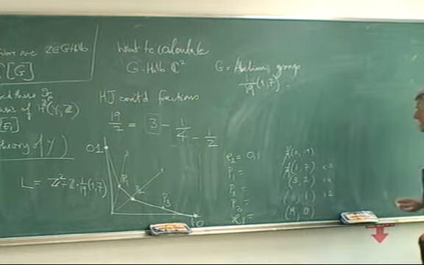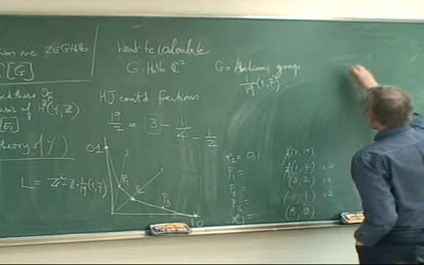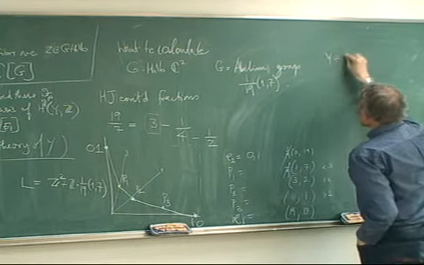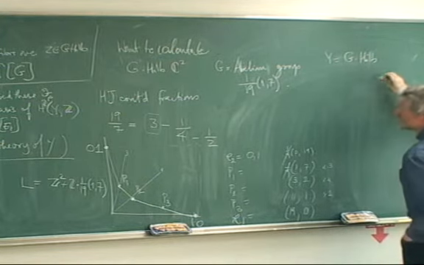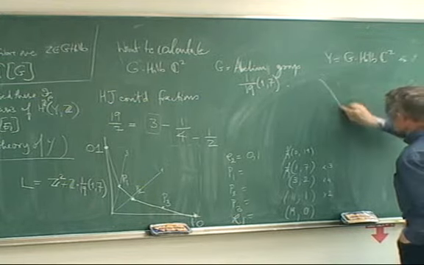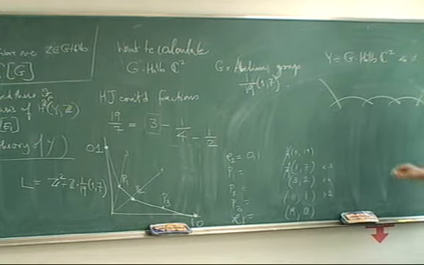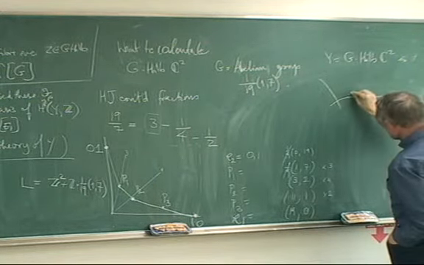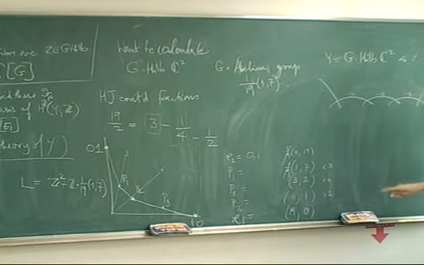Okay, so what's this got to do with Hilbert's scheme? So I say that Y is G-Hilb of C2 is this picture. Right? And so here it's traditional to put minus 3, minus 4, minus 2 here.